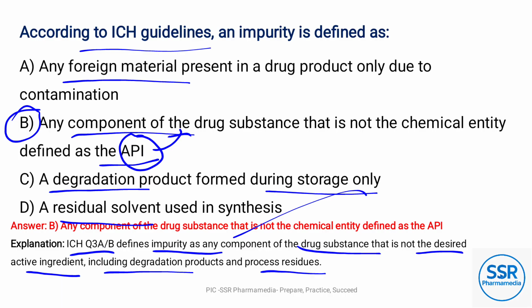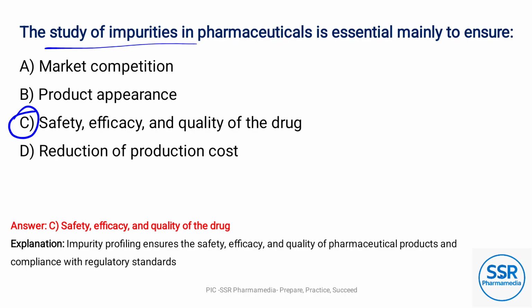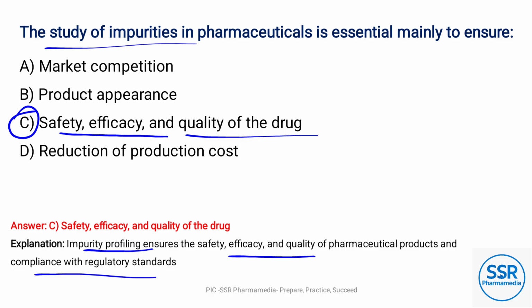So the correct answer is option B. The study of impurities in pharmaceuticals is essential mainly to ensure, so the answer is option C, safety, efficacy and quality of the drugs. So impurity profiling ensures the safety, efficacy and quality of pharmaceutical products and compliance with regulatory standards.